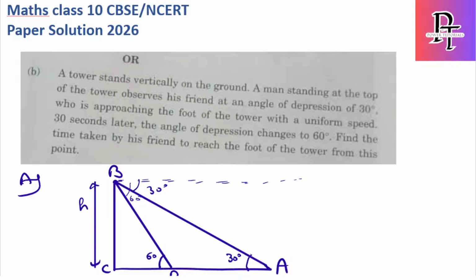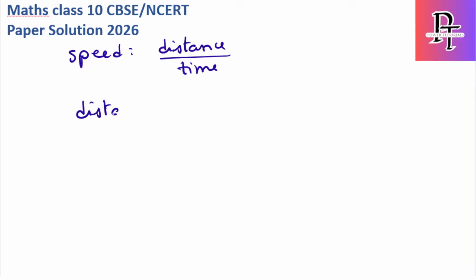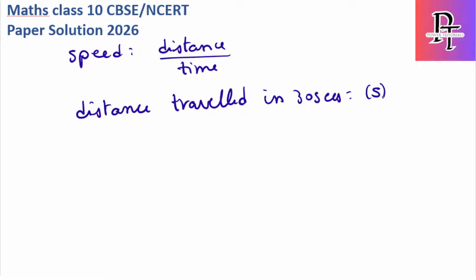So for this type of question we need to write the first basic formula: speed is equal to distance by time. So the distance traveled in 30 seconds will be speed, I am writing it as S, into time, which is 30.